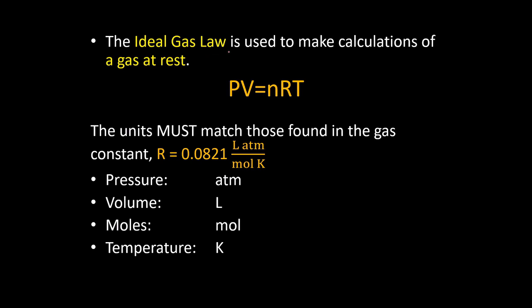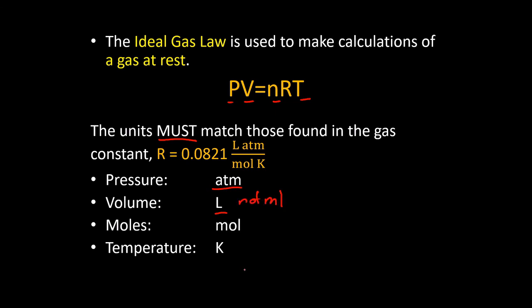So the ideal gas law is used to make calculations of a gas at rest. Like I said, if nothing is changing, we're just interested in finding one of these things, then the ideal gas law is what we're going to be using. The pressure, volume, number of moles, and temperature that we use in the equation must have the same units as R. So the pressure that we use has to be atmospheres, the volume has to be liters, not milliliters.